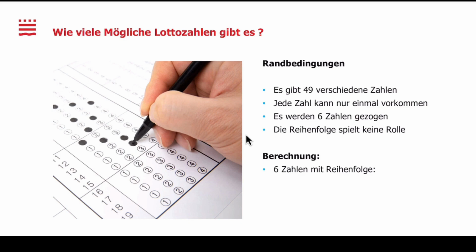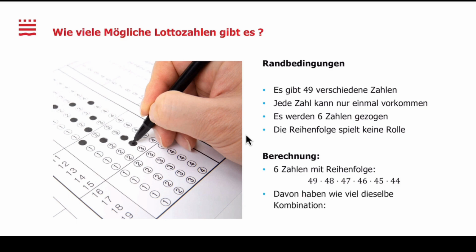So for the second number, there are 48 possibilities, for the third, 47, 46, and so on. And the number of possibilities is the product of all these options. So we get 49 times 48 times 47 times 46 times 45 times 44. This is the number of possibilities when the order does matter.